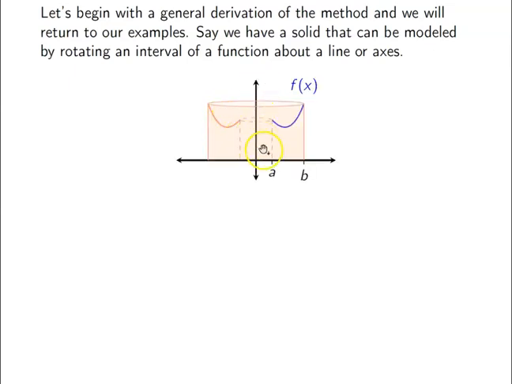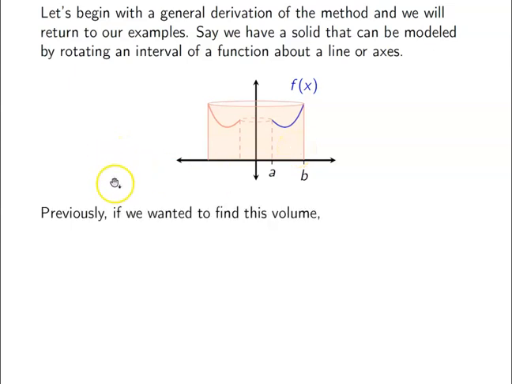We end up with a solid with a hole in it. Here my function f of x could be a cubic, a quadratic, it could be anything, because I don't have it explicitly stated. But let's say that I take the area under it and then rotate it, very similar to what we did in the last example.